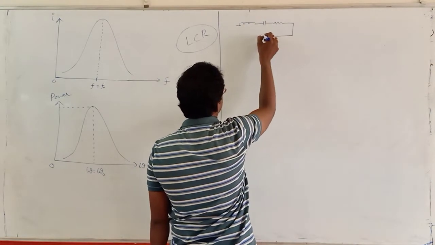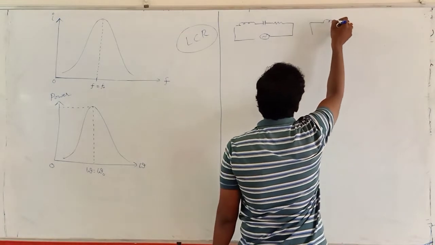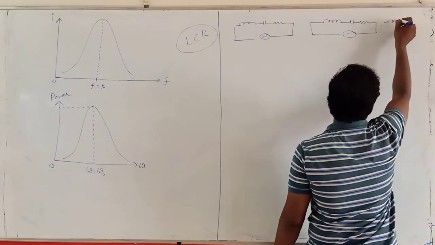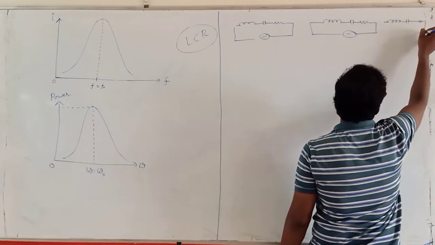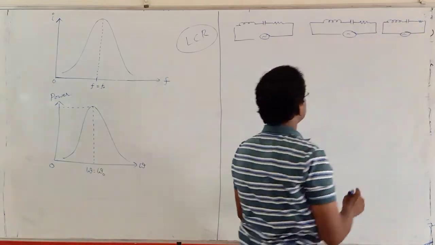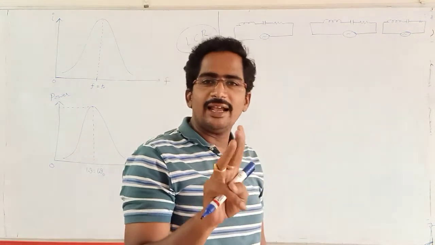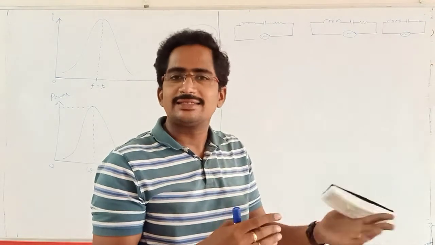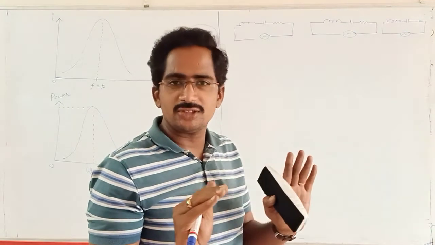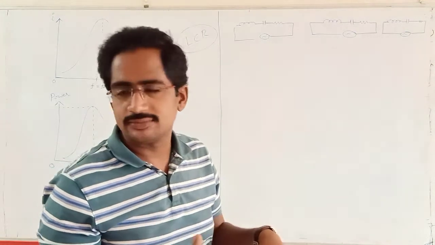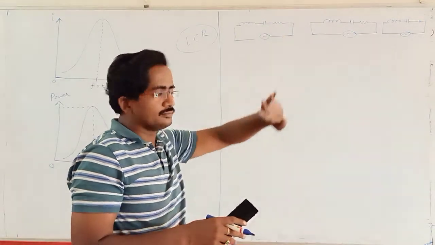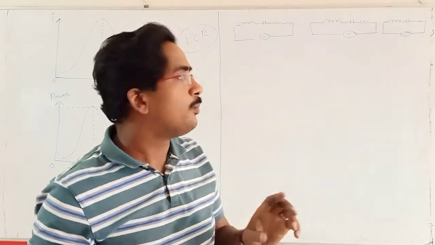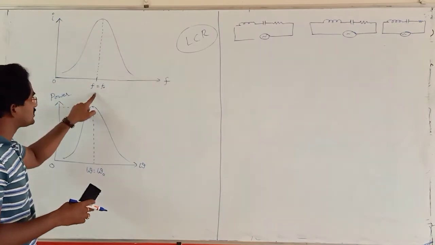It is 1, it is 2, and it is the third one. Totally 3 LCR circuits were constructed with different values of L, C and R. Of those circuits, I want to use any one of them. But which one do I have to prefer now? The circuit that can generate more current at resonance.